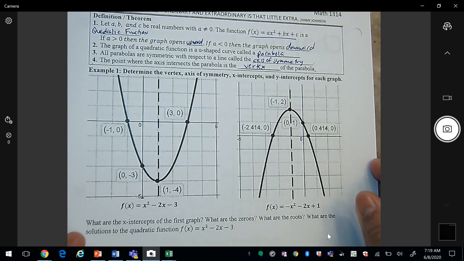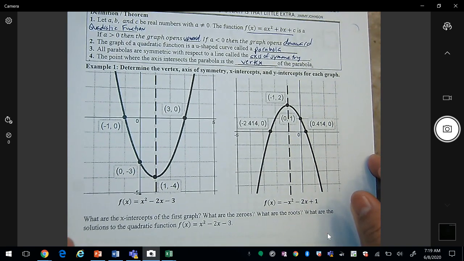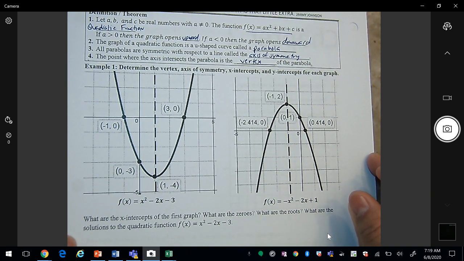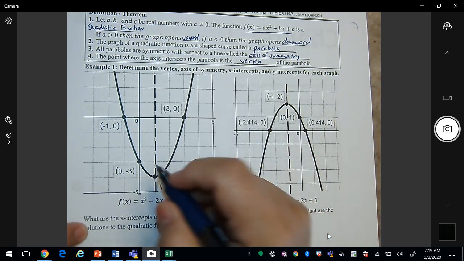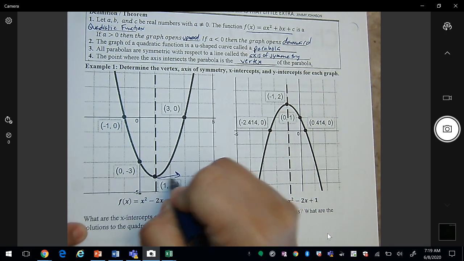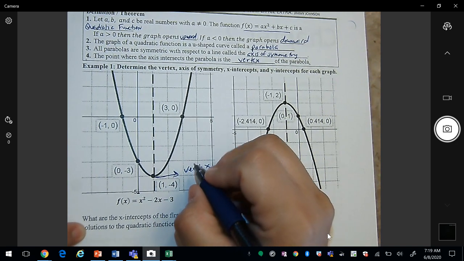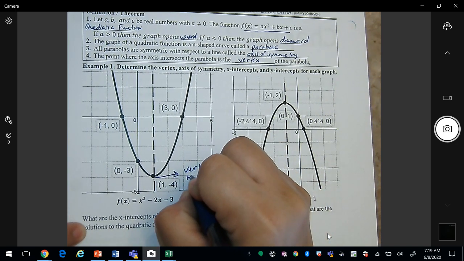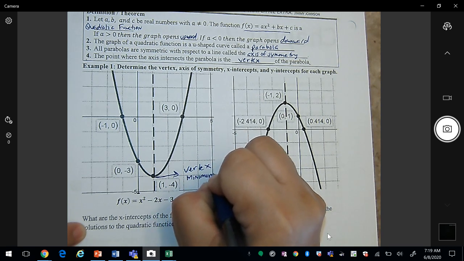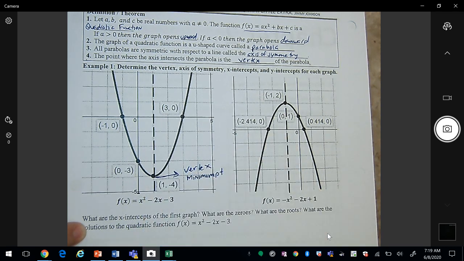Determine the vertex, axis of symmetry, x-intercepts, and y-intercepts. For this graph, this bottom part is called the vertex, and we say it has a minimum point since it's the lowest part of the graph.